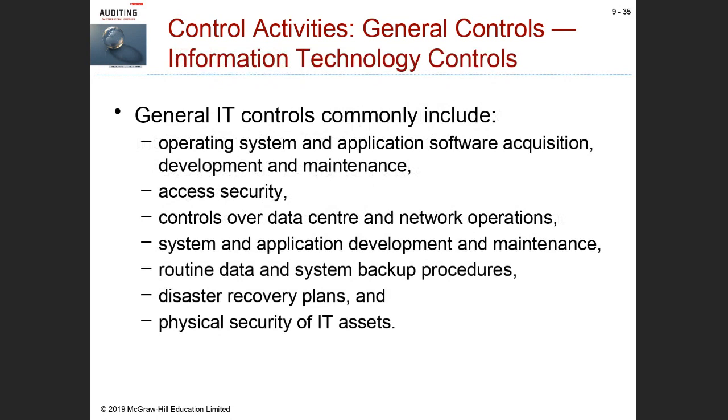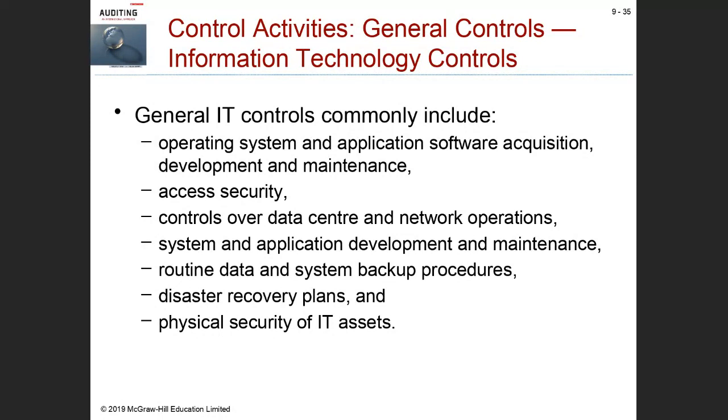So when we talk about general controls in the context of an IT system, this PowerPoint number 35 talked about the types of controls that you need to have at a general level over all application systems. So these controls exist whether it's a sales system, a purchase system, or a payroll system. So let's look at this laundry list. It says the operating system and application software, the acquisition, development and maintenance of it should be controlled.